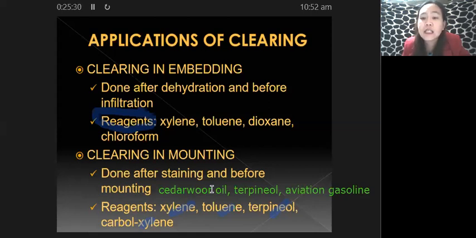Apart from that, since the purpose of clearing in mounting is to make your tissues or microscopic preparations transparent, another characteristic of the reagent is that it should improve the refractive index of your tissue sample. So you have to make use of solvents with high refractive indices.